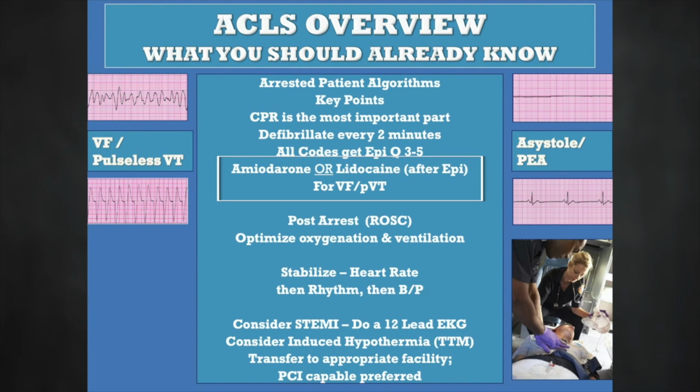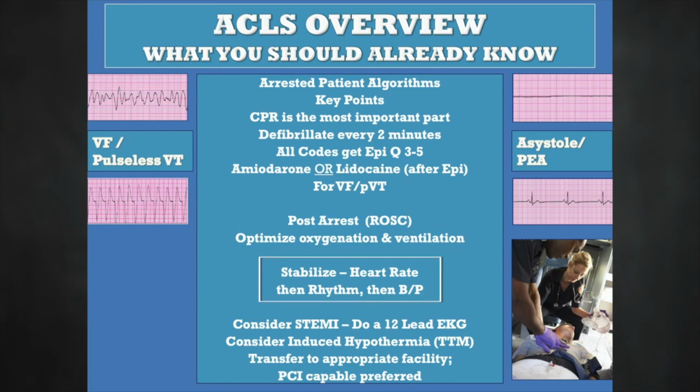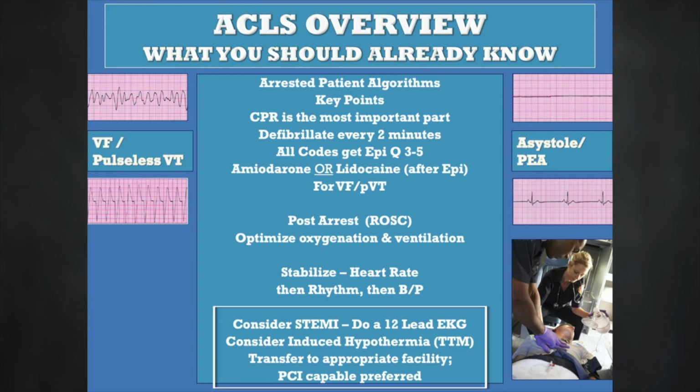Post-cardiac arrest, we said, optimize his oxygenation and ventilation, stabilize his heart rate, heart rhythm, and then blood pressure in that order. And then the last couple of things that should happen is we need to decide whether this patient is going to go to the intensive care unit or to the cardiac catheterization lab, PCI. And we do that by adding a 12-lead ECG.